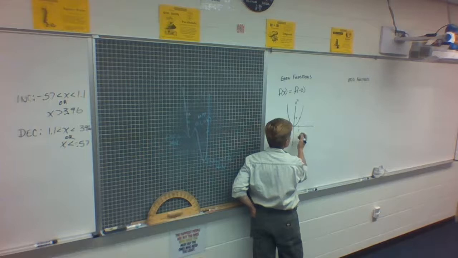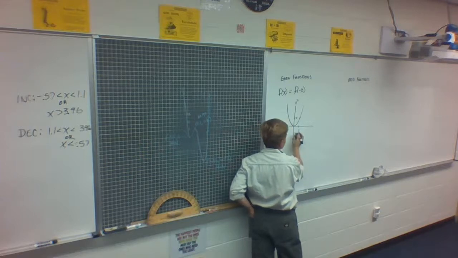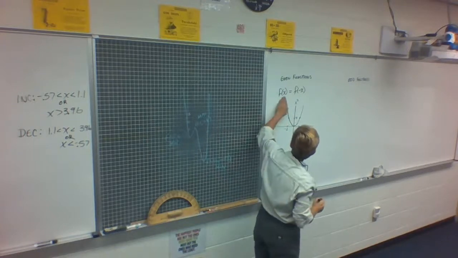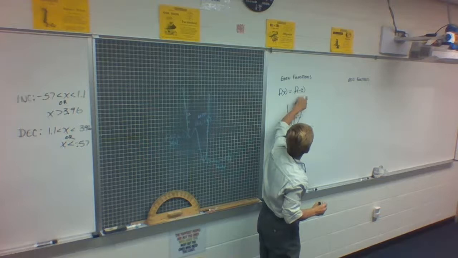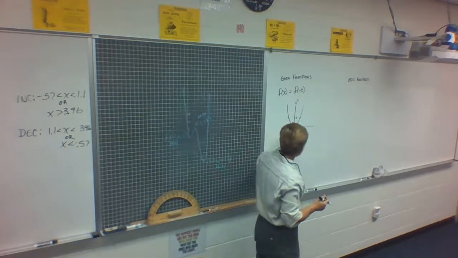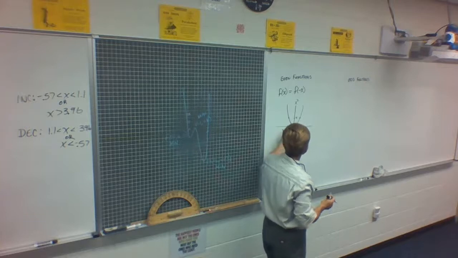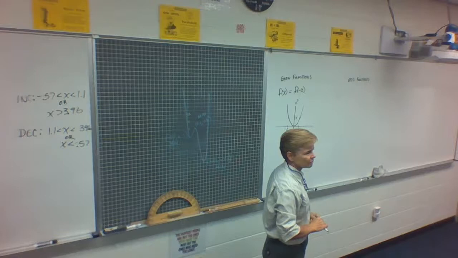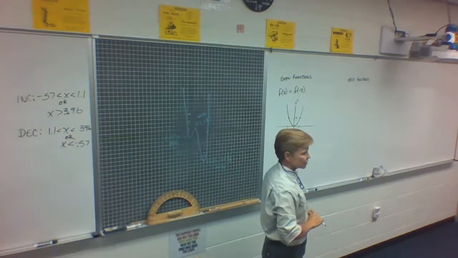But look what happens when I change the sign on the x plug-in to -2. What do you get? The same thing. So f of 2 is exactly the same thing as f of -2. They're both 4. That's a property of even functions. If you go out the same distance to the right as you do to the left, you will have to go up just as high to hit the graph if it has y-axis symmetry. Does that make sense to you?